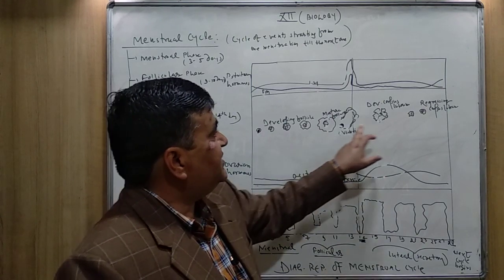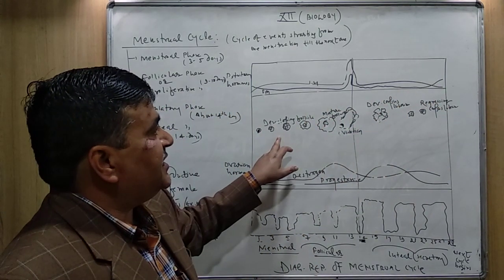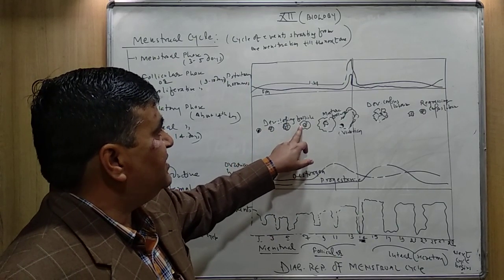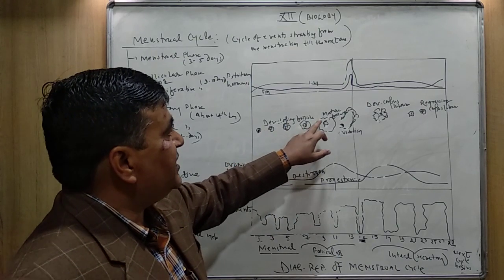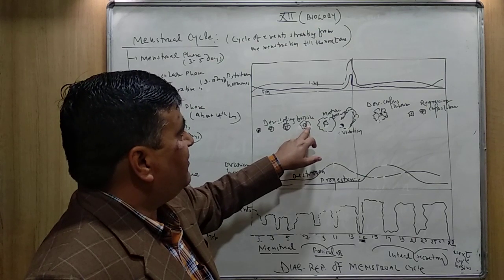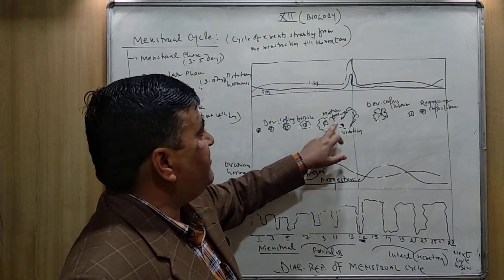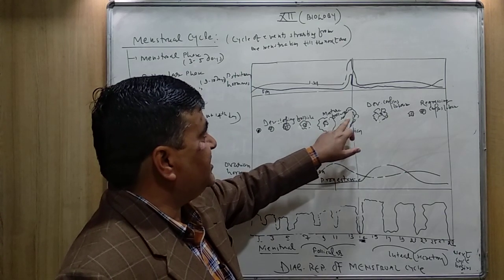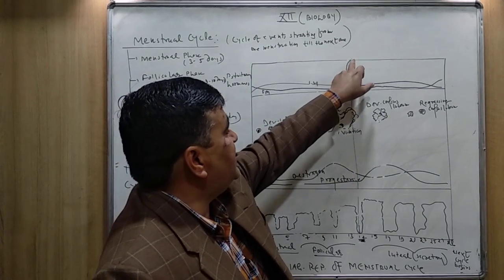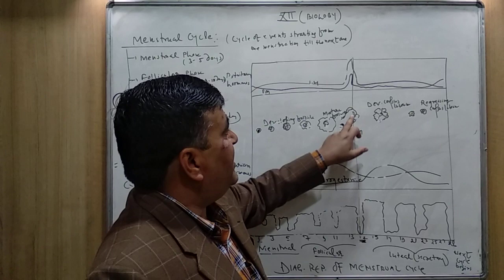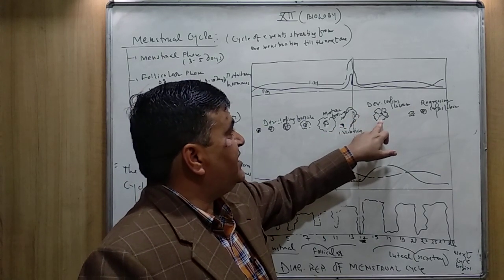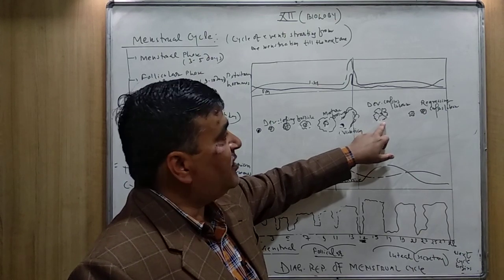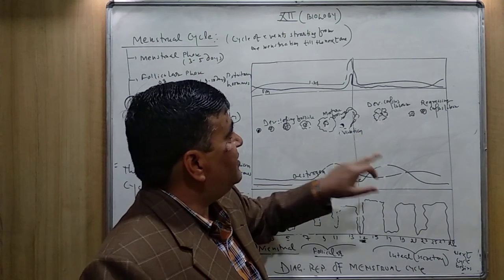These are the events of the follicular cells present inside the ovary. You can see here, these are the developing follicles. Of the developing follicles, only one follicle is converted into the Graafian follicle. The process of ovulation takes place in the presence of LH hormone. This is LH. And the ruptured Graafian follicle is converted into the corpus luteum for the production of progesterone hormone. Progesterone.